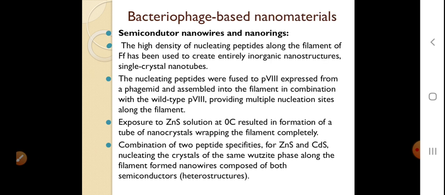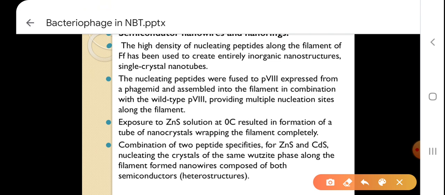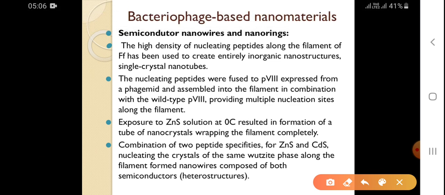Now to continue with bacteriophage based nanomaterials. Apart from the organic materials being used, we can also use inorganic materials. In this case, you are using zinc sulfide and cadmium sulfide. So they can be used as nanowires and nano rings.